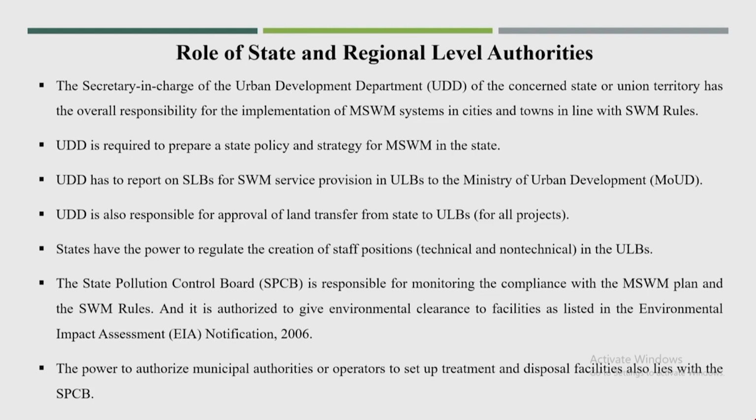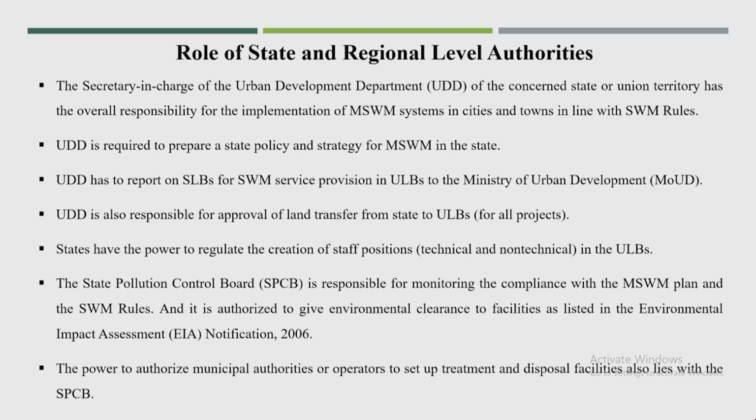The same urban development department is required to prepare a state policy strategy for the MSWM plan, and has to report to the state bodies for SWM service provision, and ULB to the Ministry of Urban Development. The same UDD is also responsible for approval of land transfer from the state to ULB.